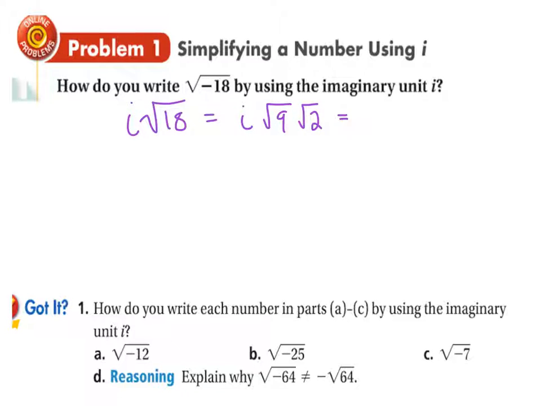So that would be 3, so 3i times the square root of 2. Now typically you might leave it like that. I know some other people expect you to write it like this, 3 square root of 2 i, and that has to do with standard form for a complex number, which we'll get into in a little bit here.